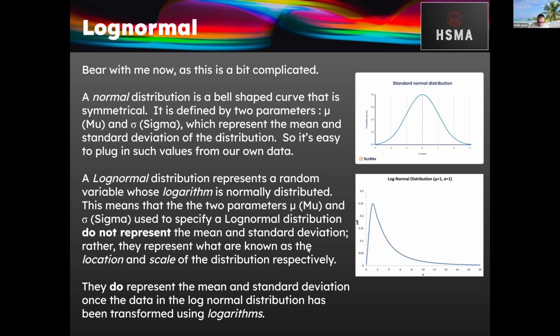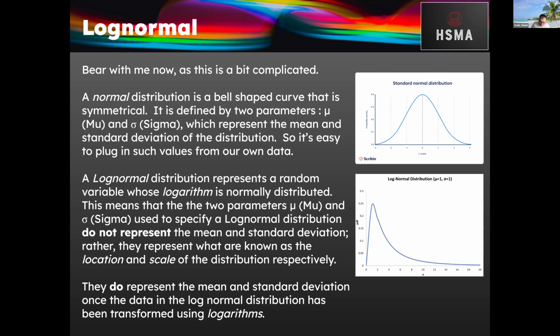Now, a log normal distribution is basically a distribution which represents a random variable where the logarithm is normally distributed. So the mu and sigma of a log normal distribution do not represent the mean and standard deviation.